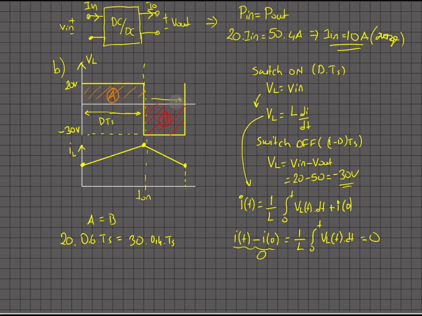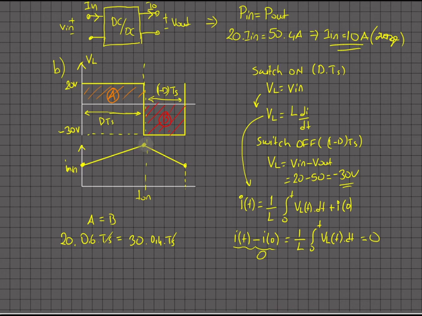This is 1 minus D times TS, right? TS can be cancelled. 120 is equal to 120. Sorry, 12 is equal to 12, right? So they are equal. But then the question is how we can calculate the average and the minimum and maximum.